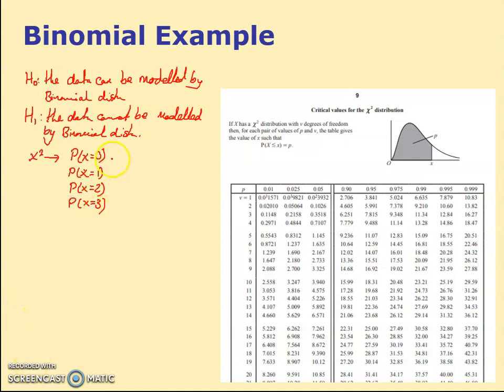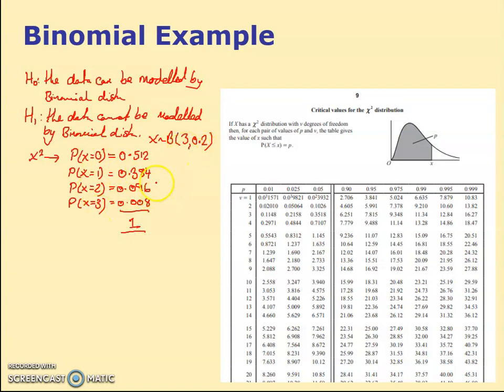I need to type these into my calculator using the binomial PD button to work out these probabilities. I'm going to pause the video and do it now. And there are my probabilities. I notice this was for binomial 3, 0.2. If you add up all those probabilities, they add up to exactly 1, because these are the only possibilities, because you only did it 3 times.